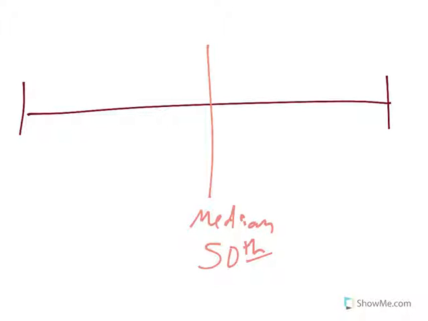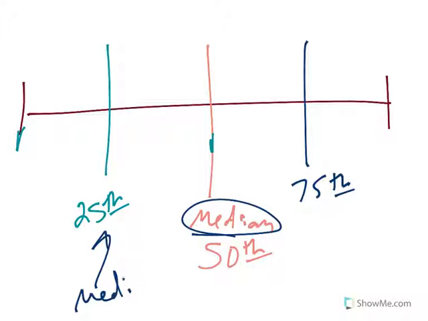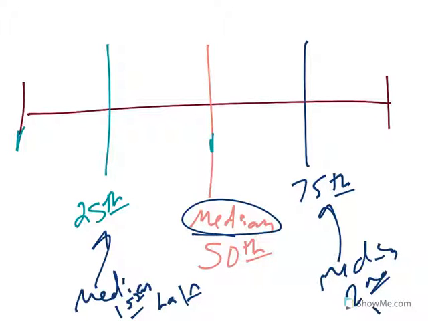If we cut the first half, from 0 to 50, in half again, half of 50 is the 25th percentile. If we go to the second half and cut that in half, that's the 75th percentile. So basically, you start by finding the median. Then this is the median of the first half. This is the median of the second half.